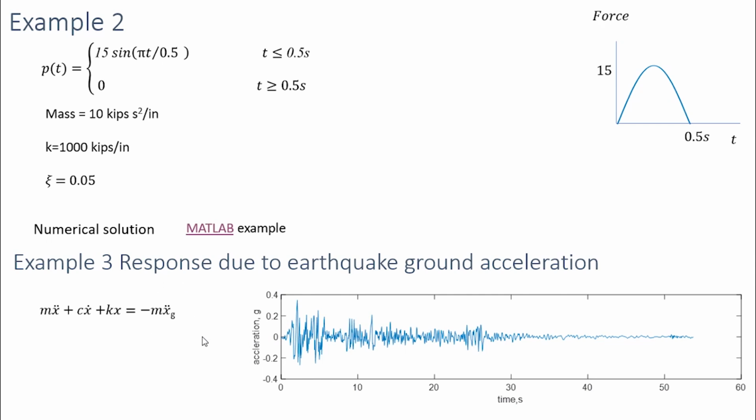So this is the forcing function, that is this acceleration times mass, and in the opposite direction. So let's solve this using the same numerical method. We can use that numerical method for any linear system. So let's use that and solve for this force.